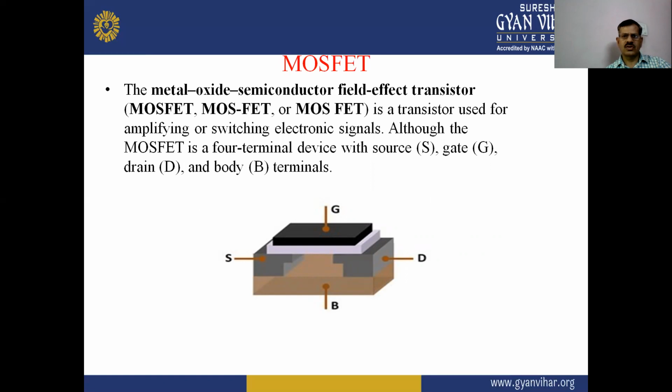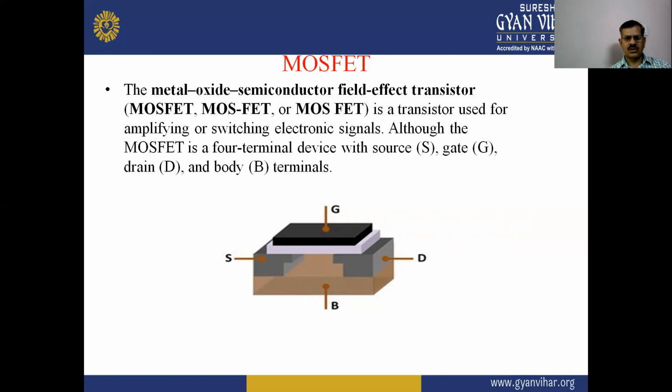Although the MOSFET is a four-terminal device with source, gate, drain, and body terminal. So there are four terminals in MOSFET. First one is source, second gate, third drain, and fourth one is the body.